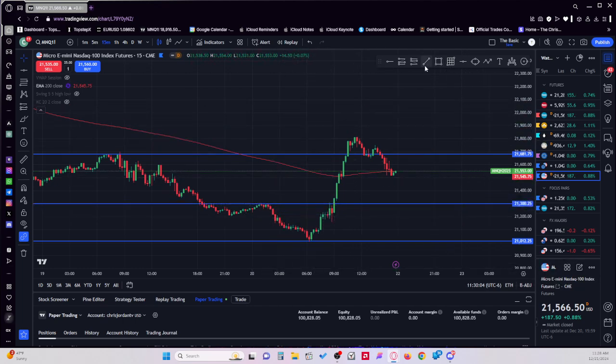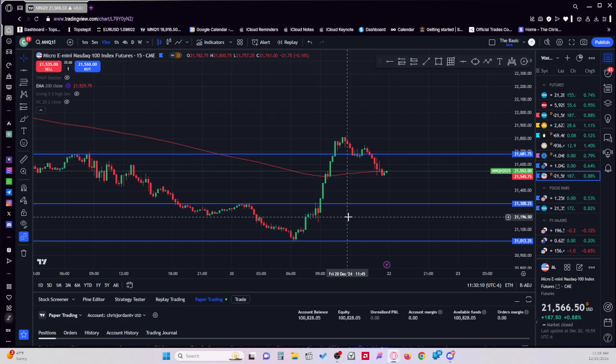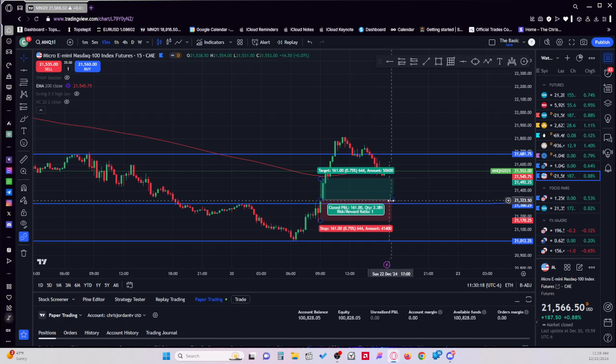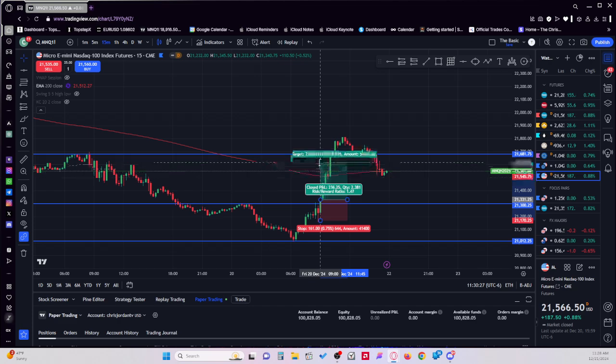Most likely, because this is at 2100, this is sort of a psychological level as well, right? Oh, it's up here. So my entry would probably be around here, meaning I know if it breaks above this small level here, we're probably going to be going up. And as you see it go up, my TP3 would be here.